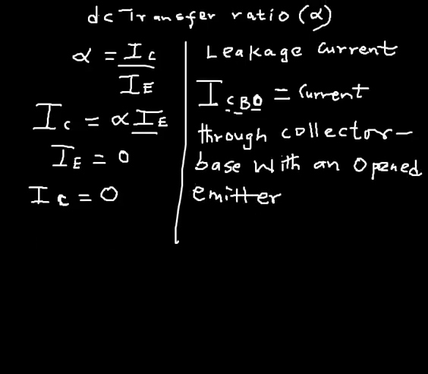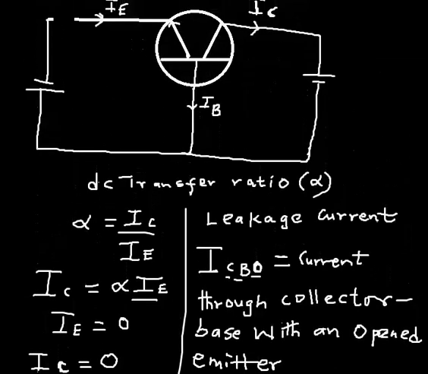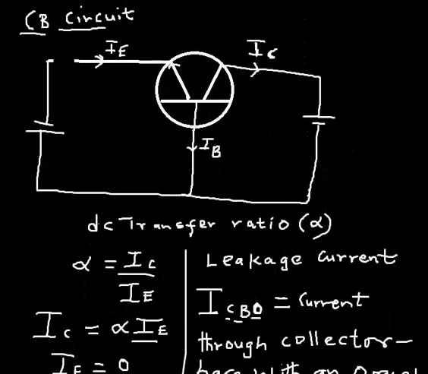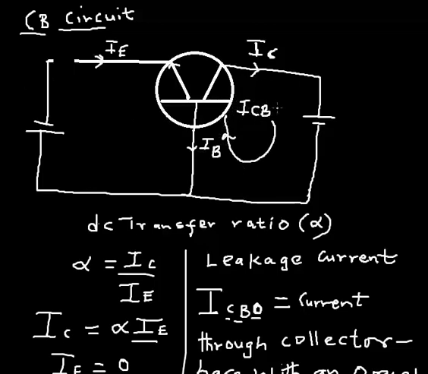Please take note of that. That is a leakage current. That leakage current flows even when there is no emitter current, so you still record ICBO.